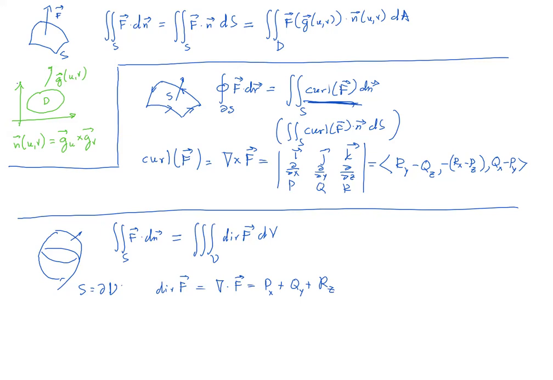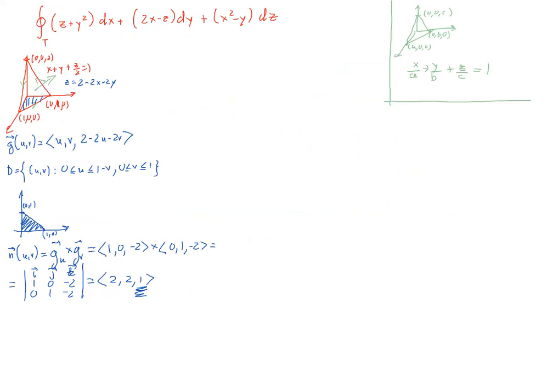So what is the curl of this vector field? The curl of this vector field is going to be i, j, k, and put the differentiations on the second row, and the components of the vector field in the third row.